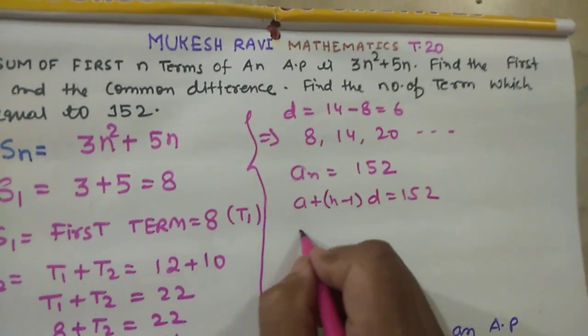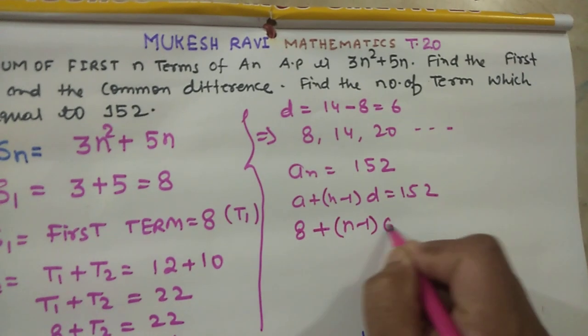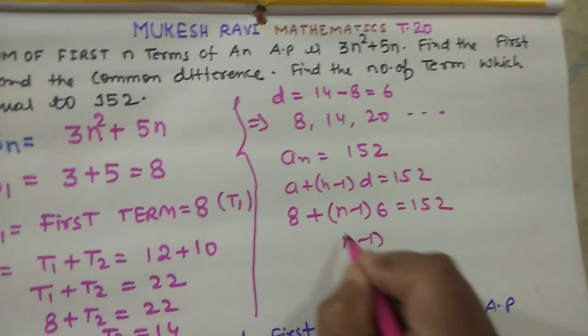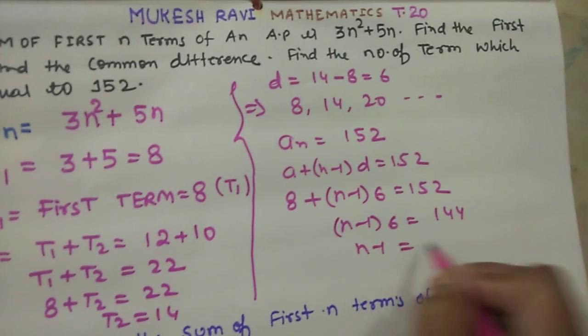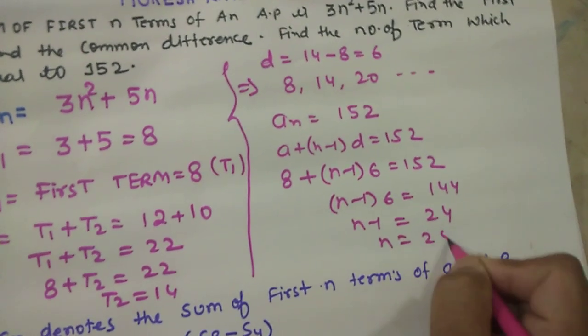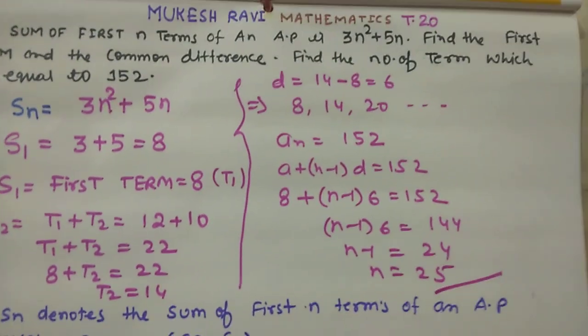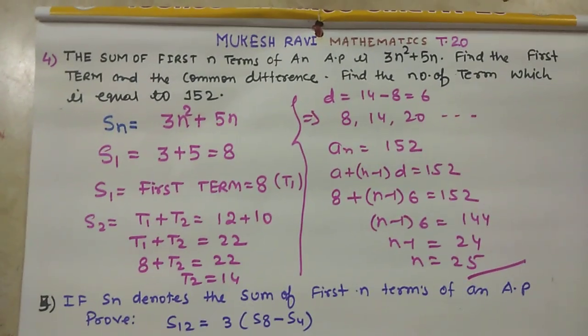A equal to 8 plus n minus 1, this is 6, 152. So n minus 1 times 6 is equal to 144. So n minus 1 is equal to 24. 24 times 6 is 144. N equal to 25. I am using different colors so you don't have any confusion.